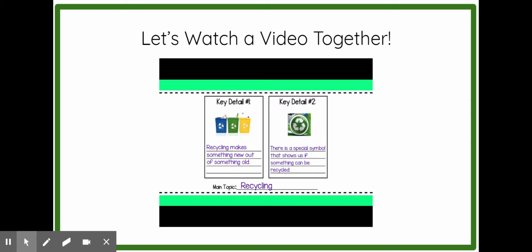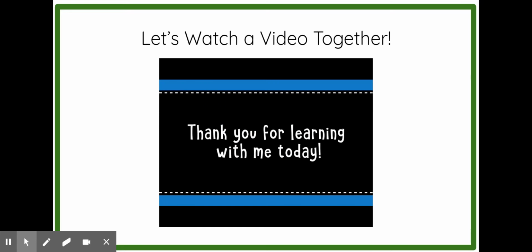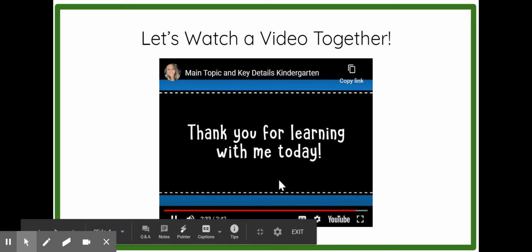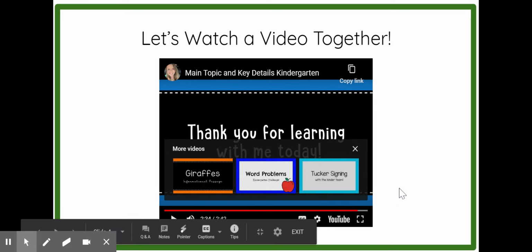Another key detail from the text was, there is a special symbol that shows us if something can be recycled. And the author even added a photograph of that symbol for us to see. Next time you read a book, I want you to think about the main topic that the author wrote about and the key details that the author gives.